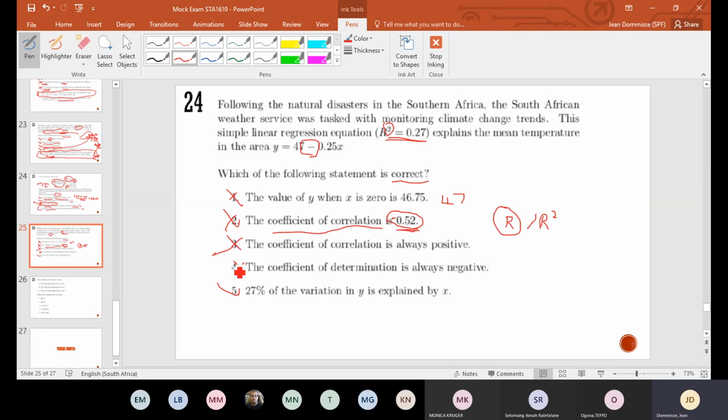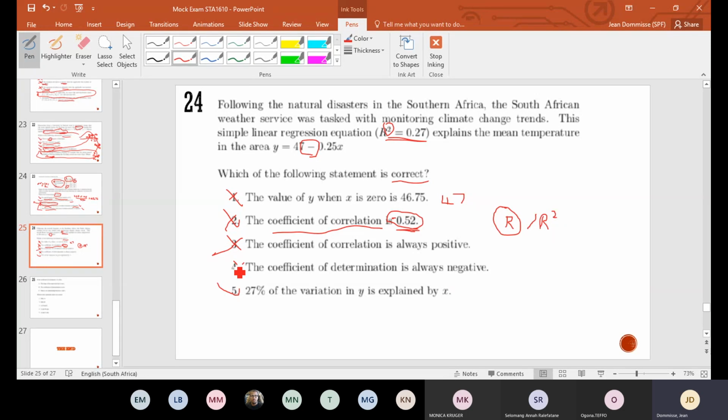Okay, so this one is really a tricky one, because I would have stopped there. But option 5 is actually the correct one, because 27% of the variation in y is explained by x.